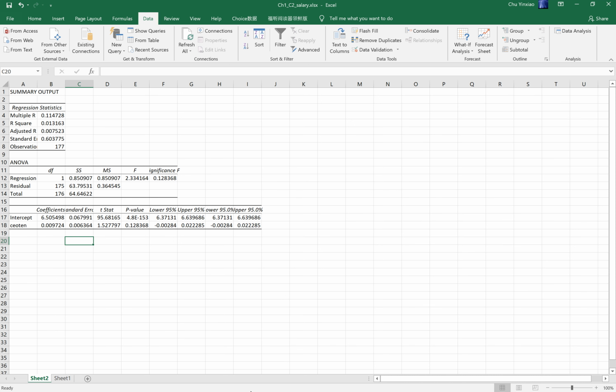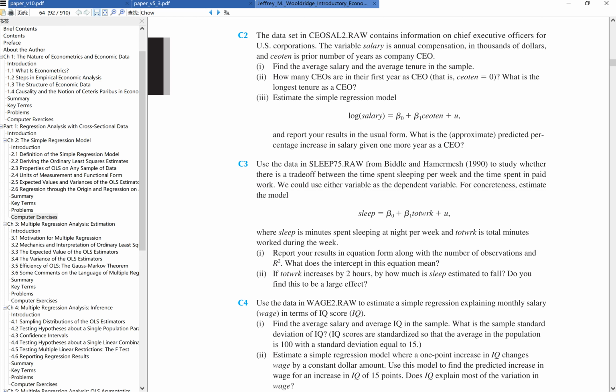So now we can answer the question here, right? What is the approximate predicted percentage increase in salary given one more year as a CEO? The answer to this question is actually the beta 1 here, the estimated beta 1 here.